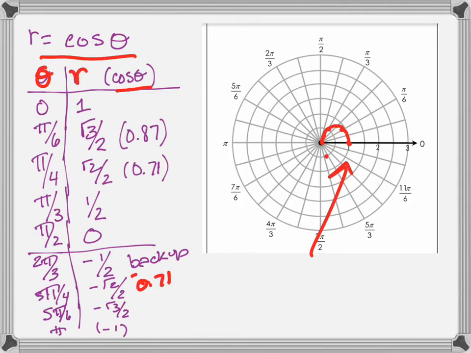So I am at this line, but going backwards. This one would be right about there. And then -0.87 would be about there. And then at pi, it would be -1 again. So you're at this pi, but you're going back -1 to here. So you end up with that shape. Okay, a little shell set the other way.